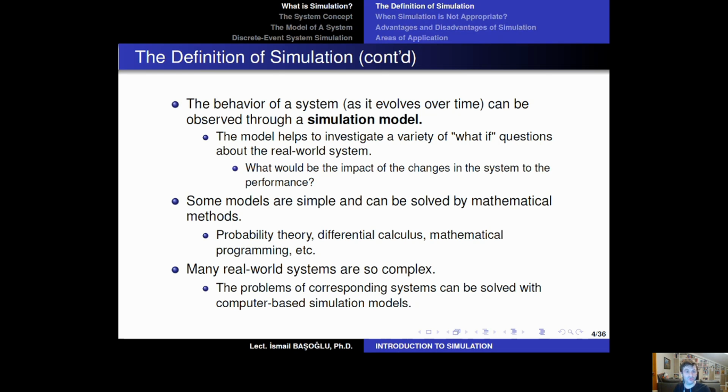Okay, so instead of the original system, the model here helps to investigate a variety of what-if questions about the real-world system. So we may ask, for example, we have a warehouse, it has two doors where the imported materials are collected. Now, in order to expand the warehouse, we are going to open another door. Imagine.